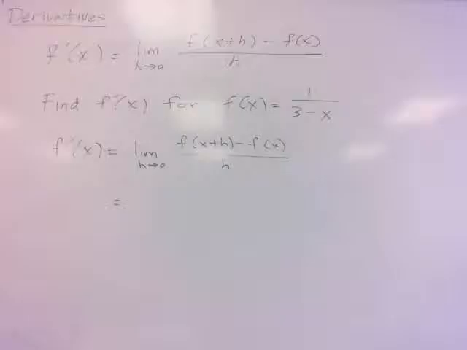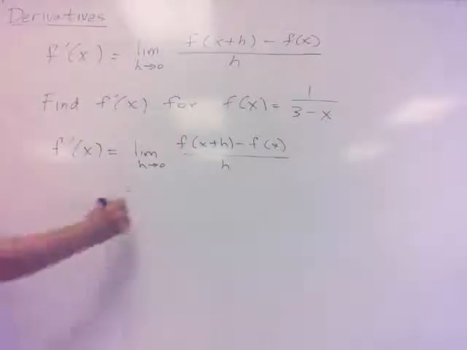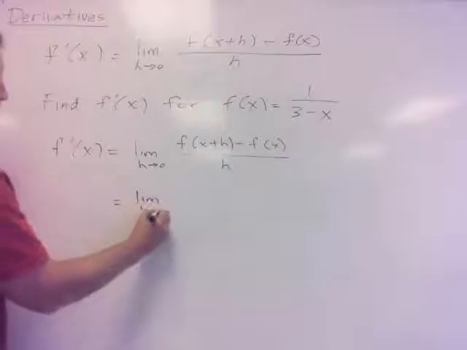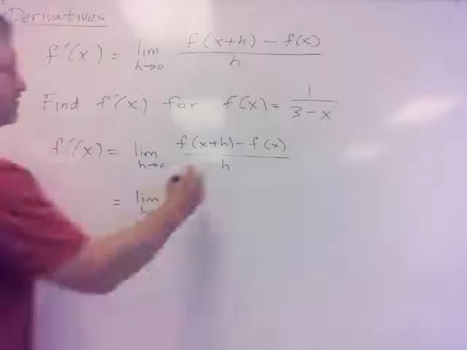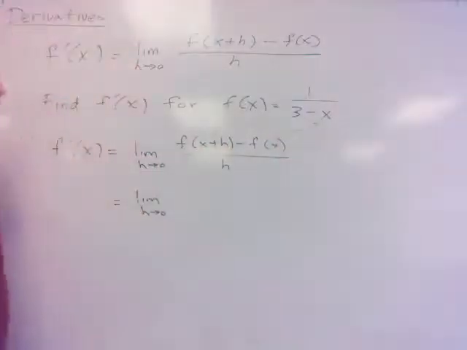Instead of A's, we're using X's. All right. What is f of X plus h in this case? Well, I'm going to plug in my x plus h for x.